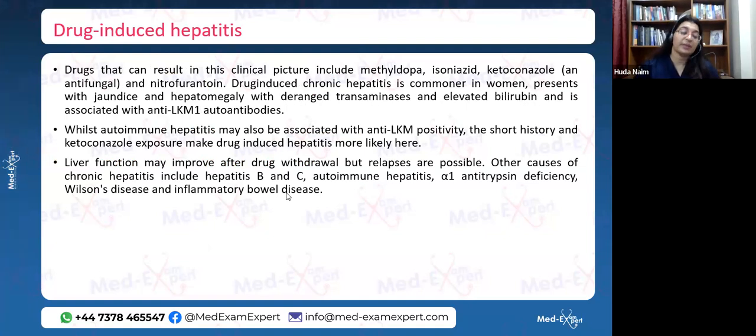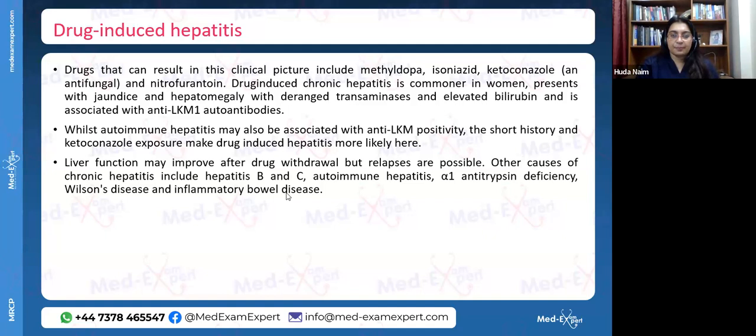If the patient had been a young child, then yes, you would say LKM1, but look at the age group and look at the association. LKM1 is seen usually in children, not in the old age population. And they're telling you that the patient has been taking ketoconazole for a very long period of time. So please be careful.